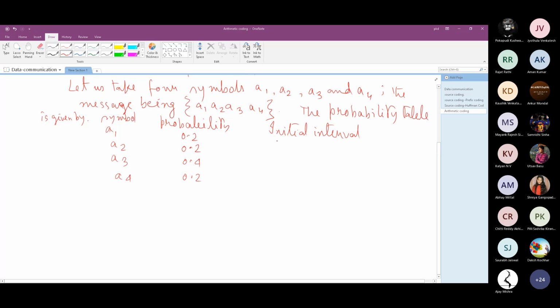We start with the start of the message. The first interval is 0 to 0.2. Then 0.2 to 0.4. Then 0.4 to 0.8.